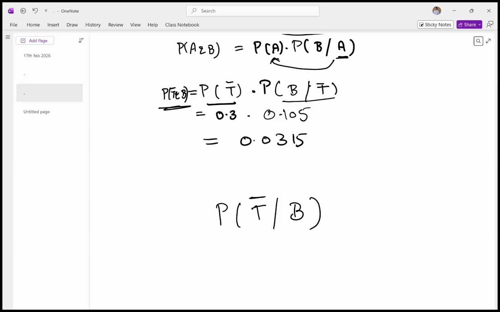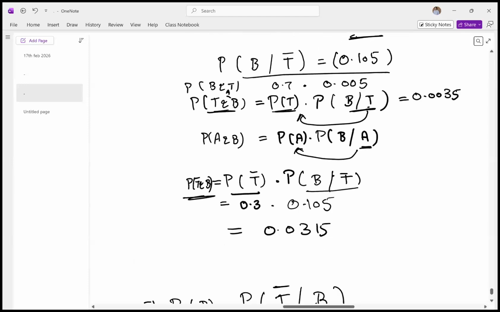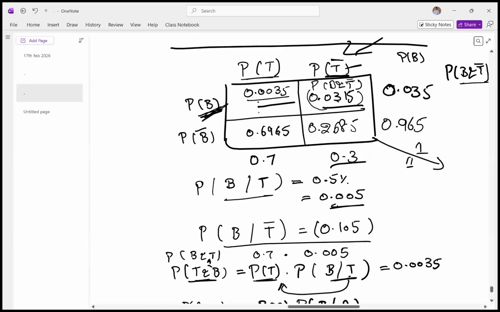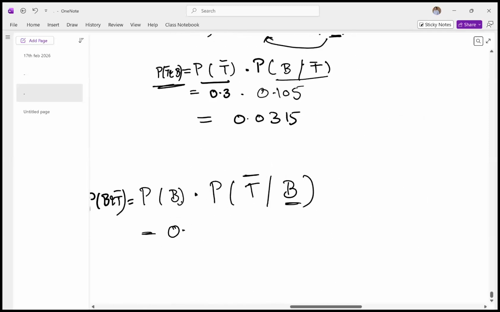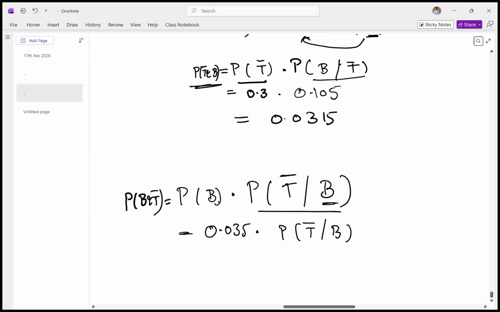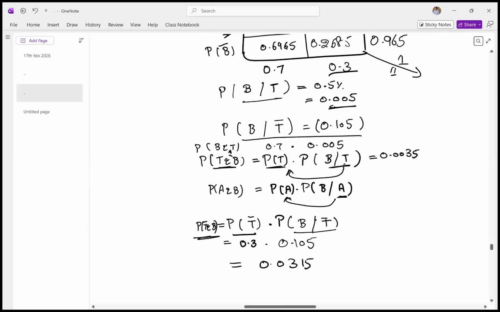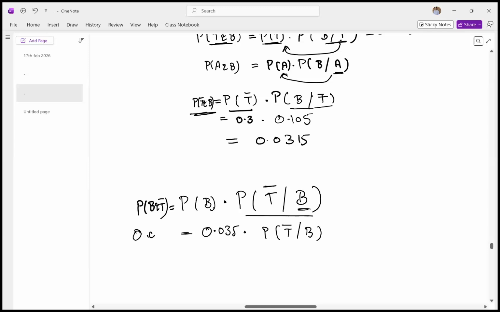Now I will complete the formula. B comes second, and this is equal to P(B and T bar). So what is the P(B) value? Looking at the question, P(B) is 0.035, times what I'm looking for, P(T bar/B), and this value is 0.0315.